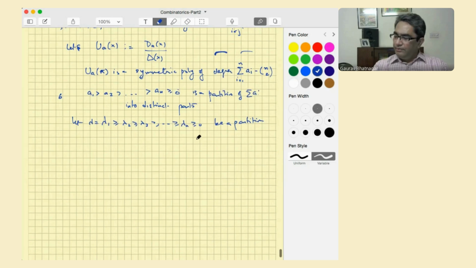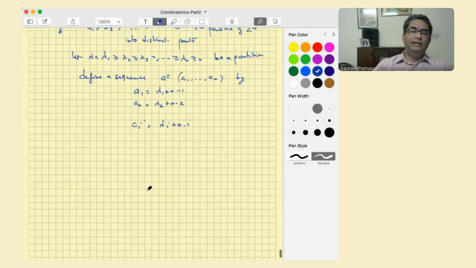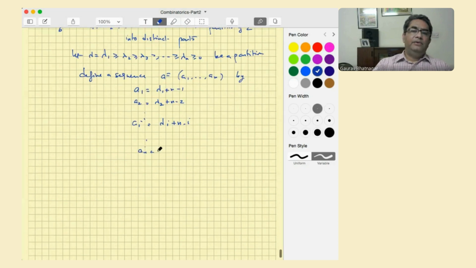Okay, we define a sequence a, which is a1 up till an, as follows. So a1 is equal to lambda 1 plus n minus 1, a2 is lambda 2 plus n minus 2, and so on. ai is equal to lambda i plus n minus i, and an is equal to lambda n, right?